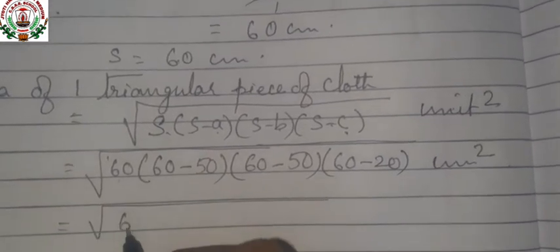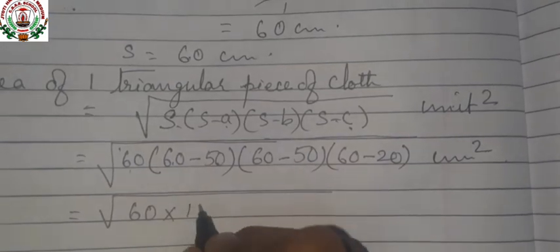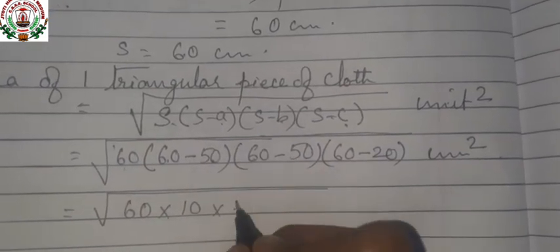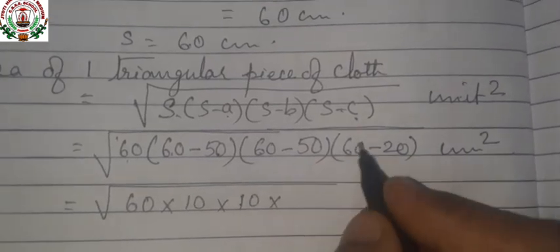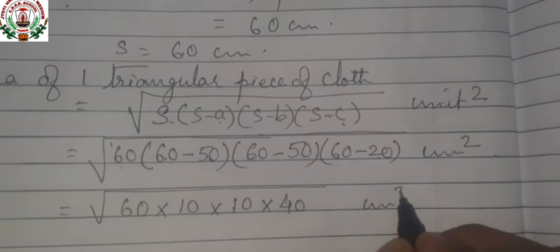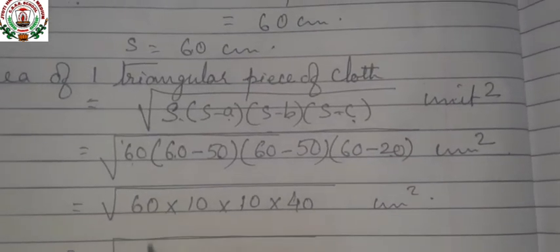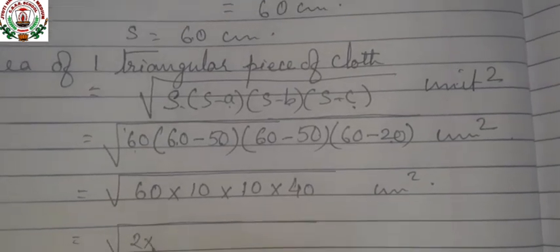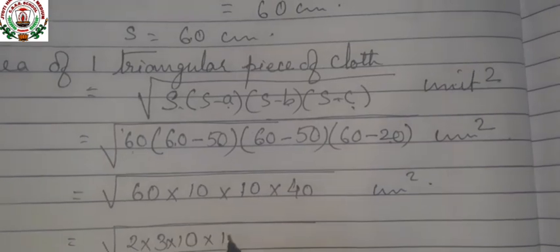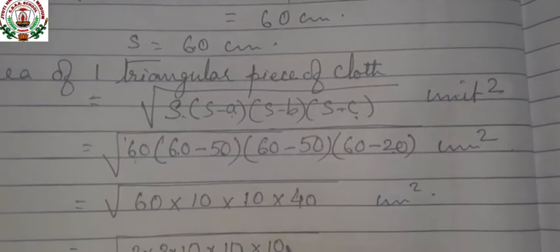This 60 will come as it is, into 60 minus 50 will be 10, into 60 minus 50 will be 10, into 60 minus 20 will be 40 cm square. Now that is equal to, we'll break this 60 into 2 into 3 into 10. Again this 10 will come as it is, this 10 will come as it is.